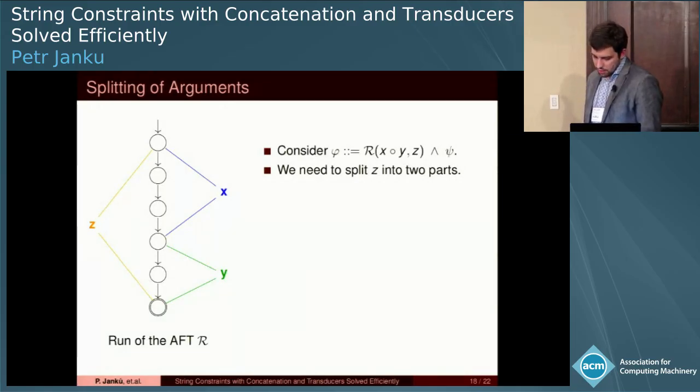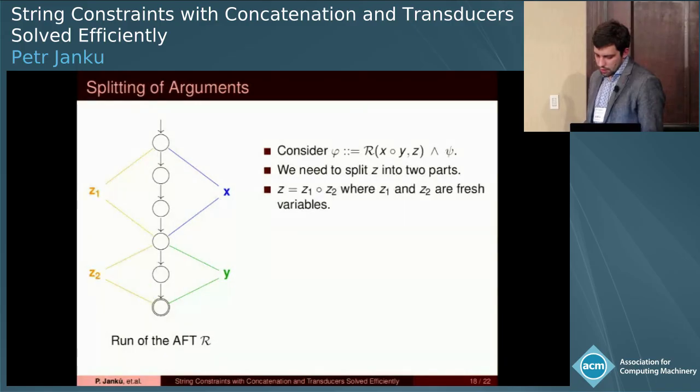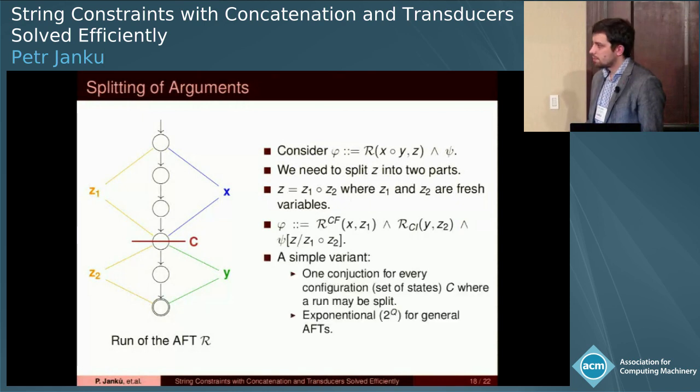After splitting Z into two parts, we get new fresh variables Z1 and Z2, where Z1 is in relation to x and Z2 is in relation to y.